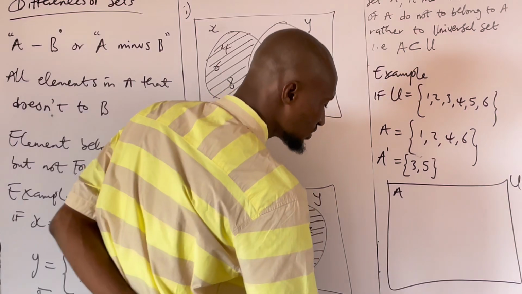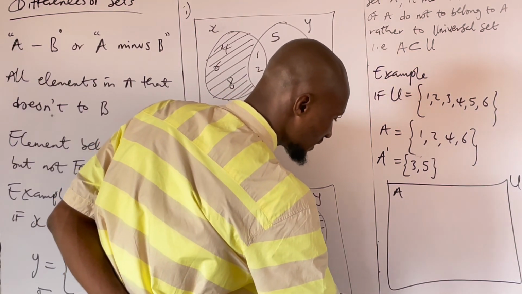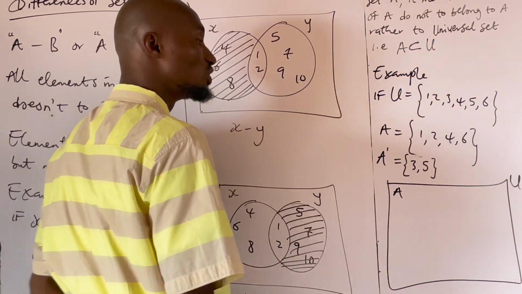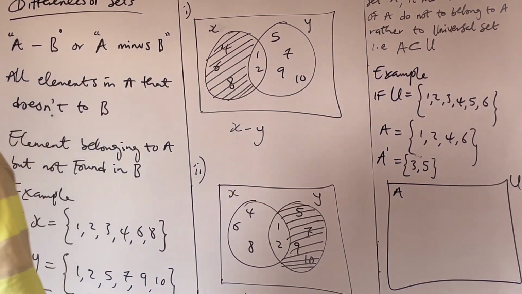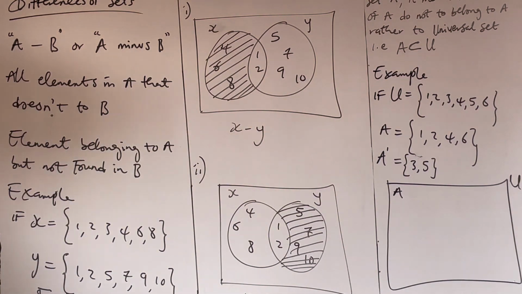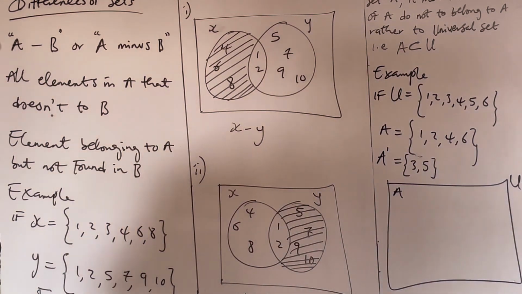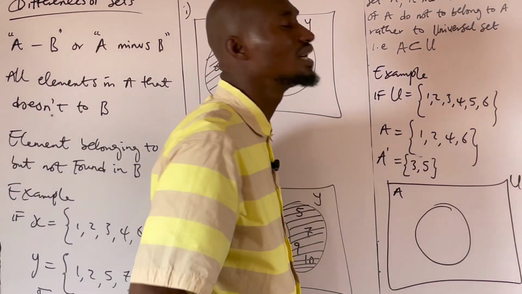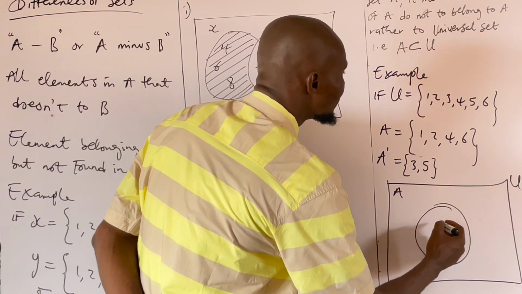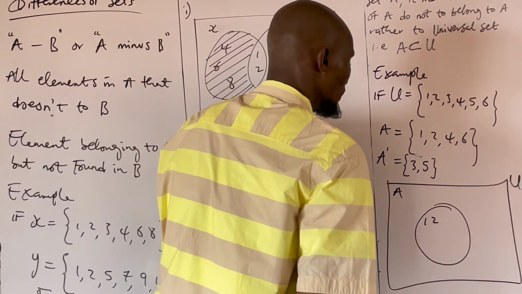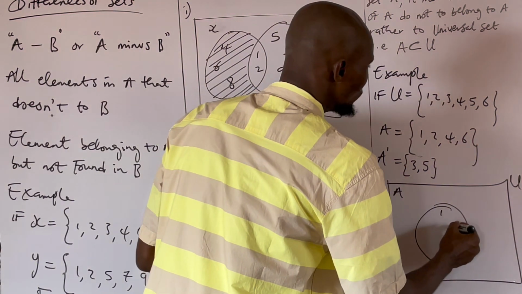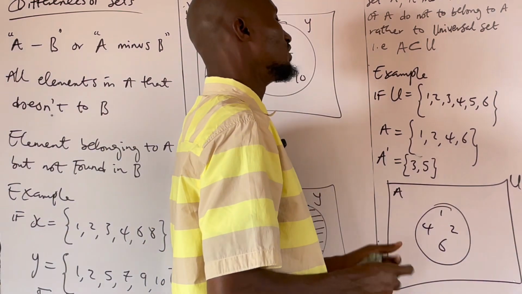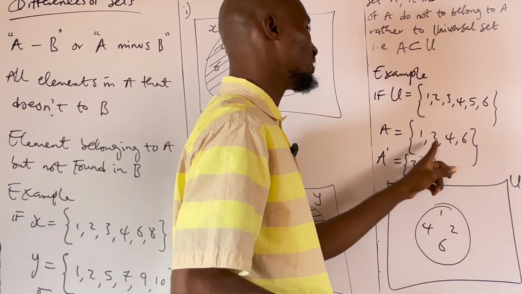You use A superscript C to denote complement. So these are the things you're going to use to denote complement. Here is A, then put a bracket here. When you put that bracket here, you're going to write 1, 2, 4, 6. Remember I have 1, 2, 4, 6.